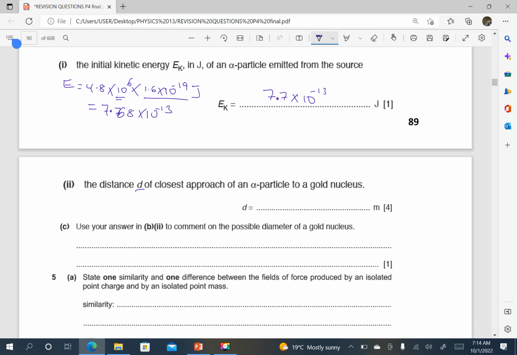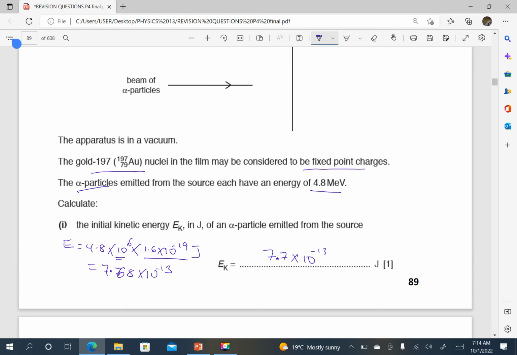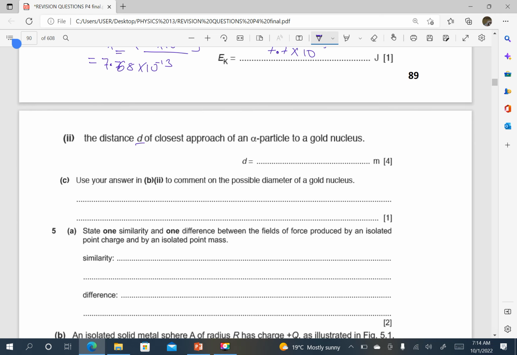So we want to find the distance of closest approach. We know that as the alpha particle approaches the gold nucleus, it loses its kinetic energy. Because they are both positively charged, as it loses kinetic energy, it gains potential energy. So we can assume that the loss in kinetic energy of the alpha particle is the same as the gain in potential energy.